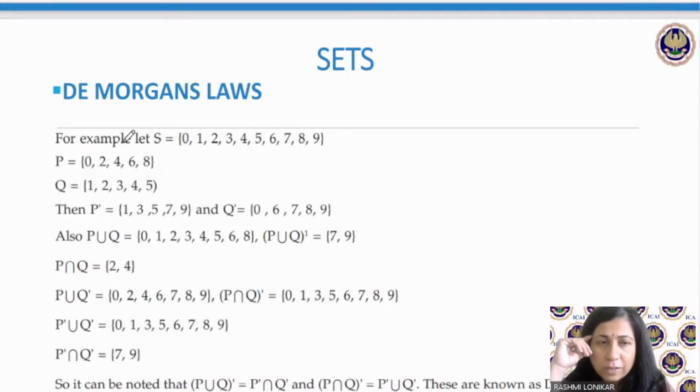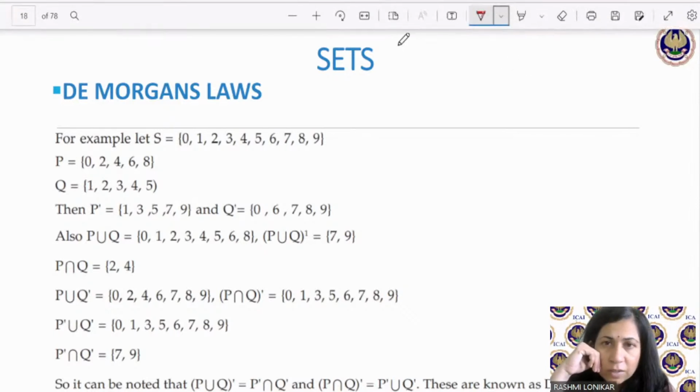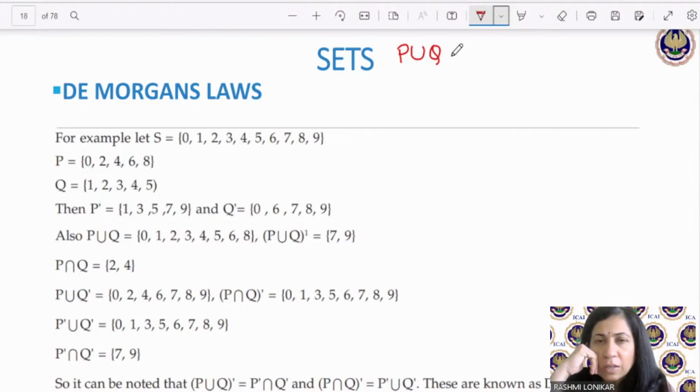Now, for example, let us see that the universal set is given like this: 0, 1, 2, 3 up to 9. Set P is given and set Q is given. Now, what does De Morgan's law say? That P union Q complement is equal to P dash intersection Q dash.